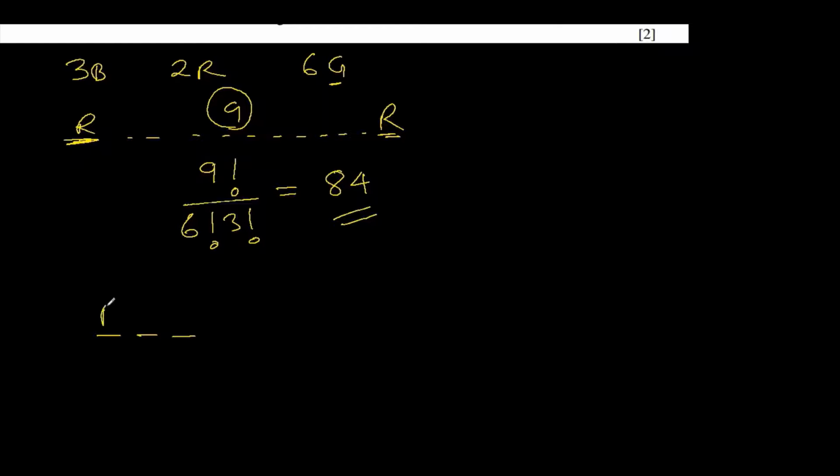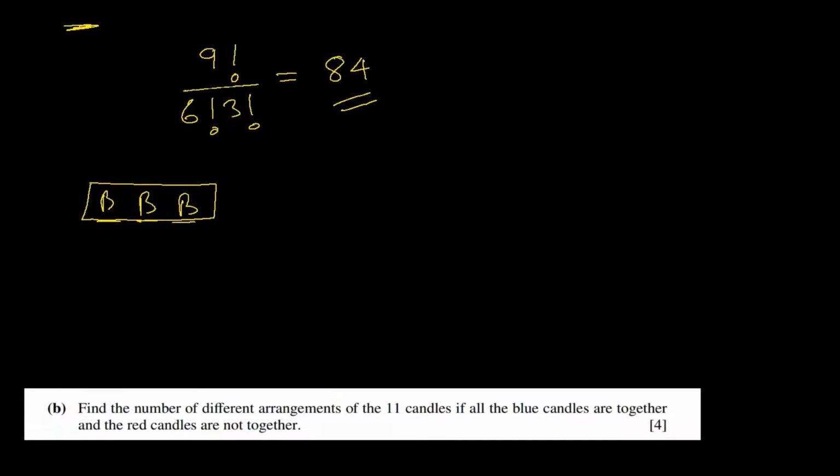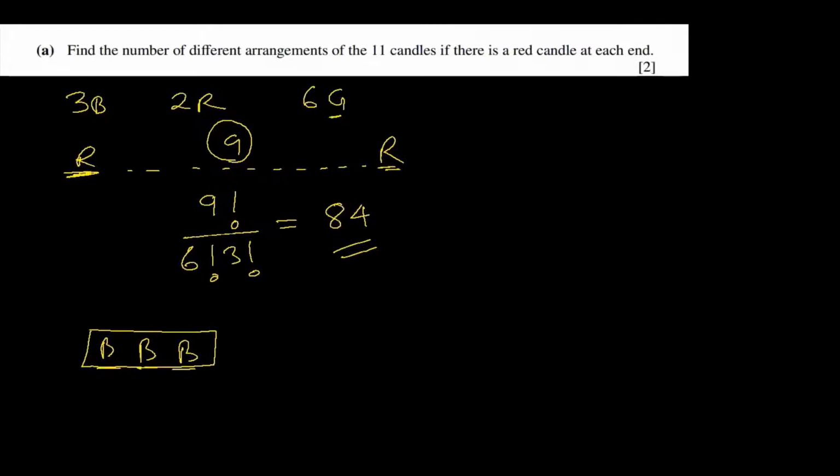So let's write them together, and in a box they will move together. They are bound. Okay. Now we want the red ones not to be together, right? Red candles are not together. That means 6 greens will be somewhere here. Green, green, green, green, green. 1, 2, 3, 4, 5 and 6.